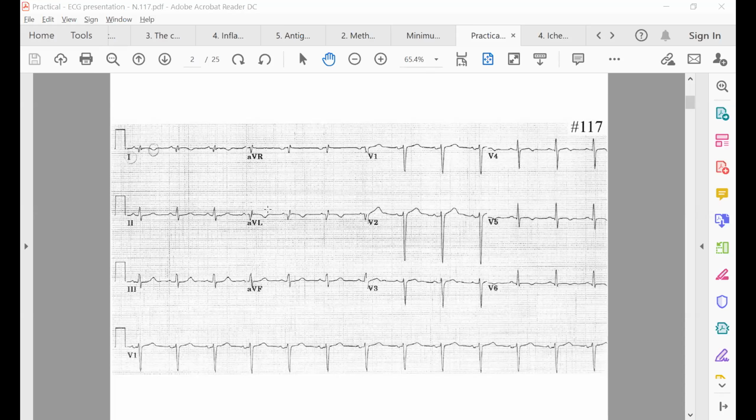Exactly, AVL or V6. Exactly. So these are lateral V5, V6, and high lateral 1 and AVL. So this is how they are ordered. You don't see anything in V6, but you do see it in AVL. Yes, right. Good.